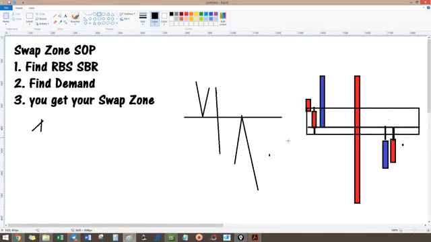When supply is not expected, we have a new demand. You need to break first, and then you have a new demand over here. When a demand is broken, you get a supply. If a supply is broken, you get a demand. Do you understand this?